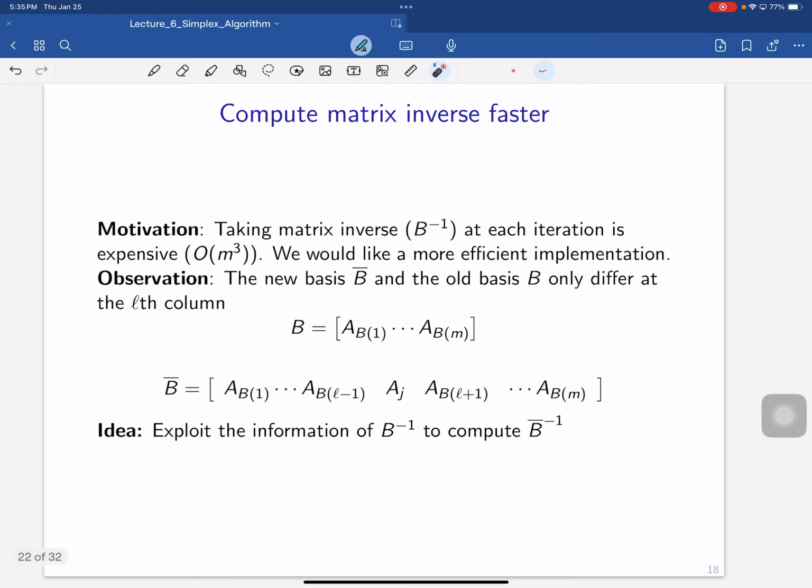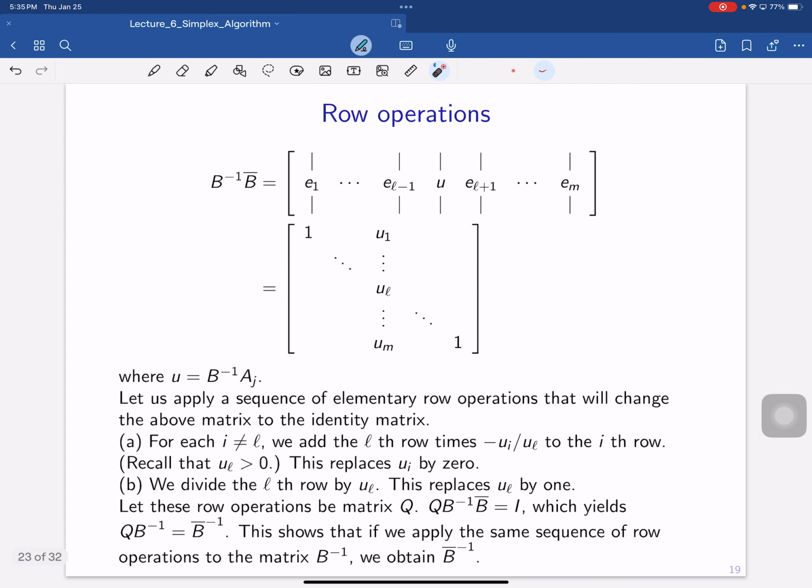The rest is a review of your linear algebra class. If you consider B inverse times the basis in the next iteration, you realize this matrix has a very good-looking structure. It's almost an identity matrix, except for the column you just changed, because all the columns are the same except the lth column.